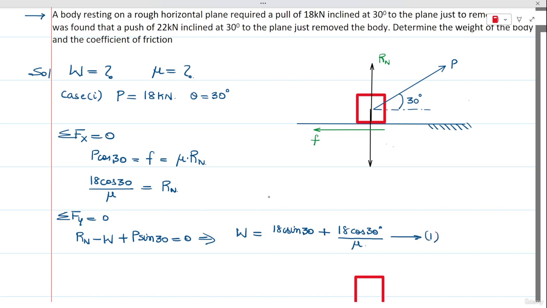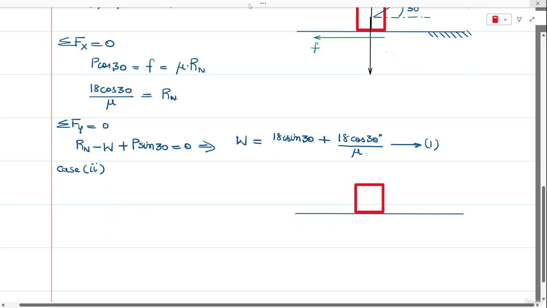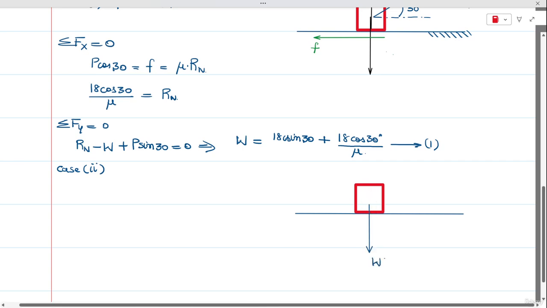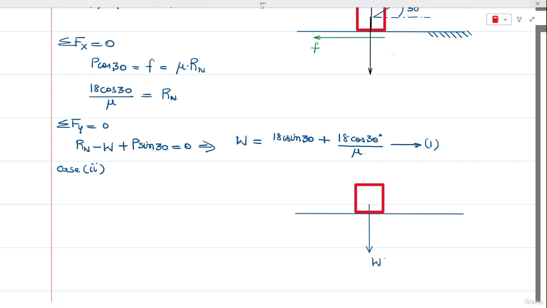Now let's take another case, case 2. The force P is taken as a push of 22 kilonewtons. Now the weight is going to act downwards. The same weight will be there and the normal reaction will also be there along with it.